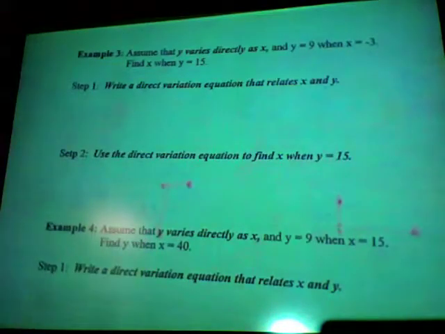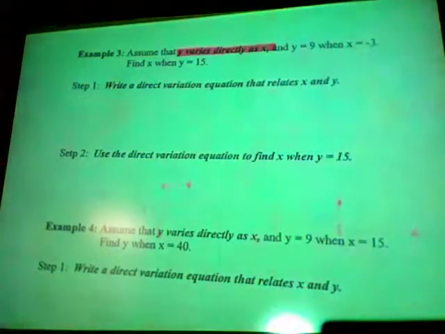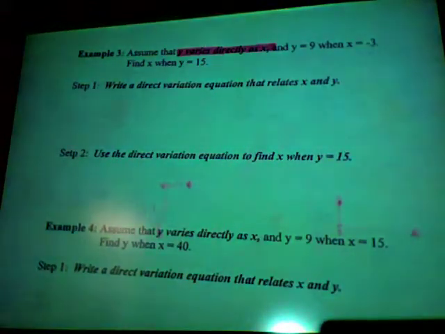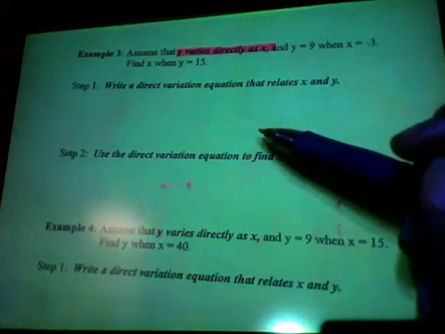All right, so here's where the word problems come into play. So example 3, you are to assume that y varies directly as x. Where have you seen that before? On the other side. What did I say y varies directly as x is the same as? Y equals kx.